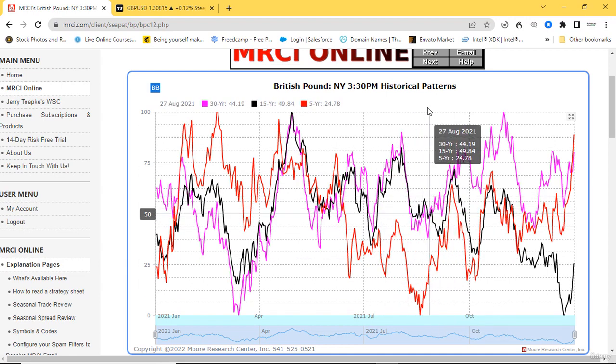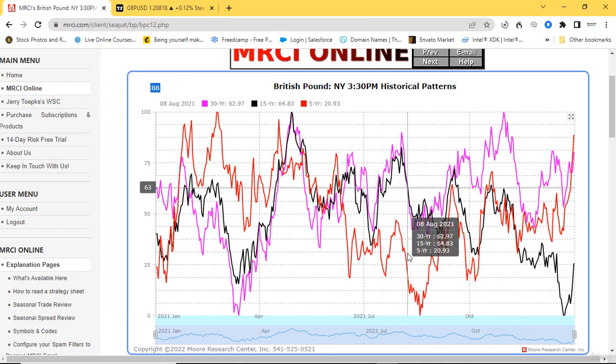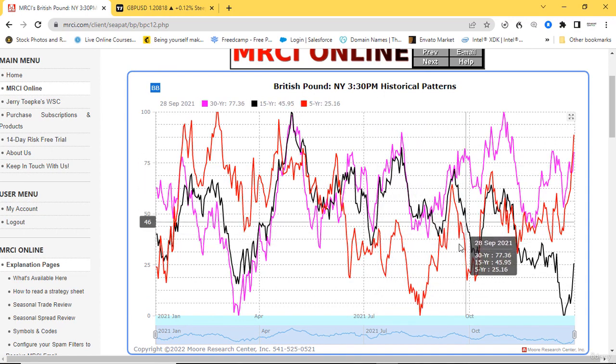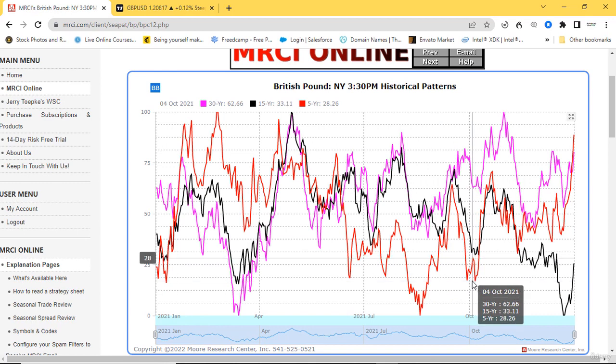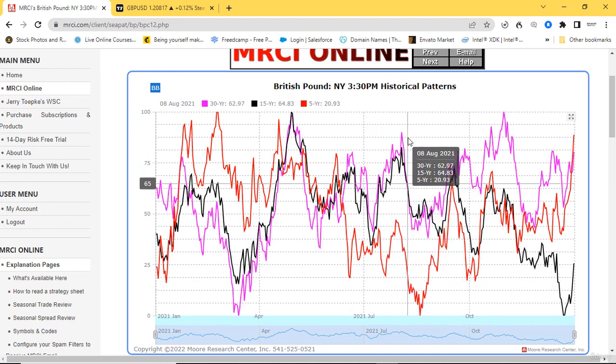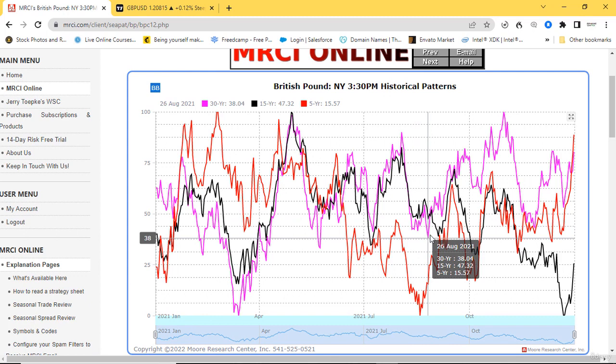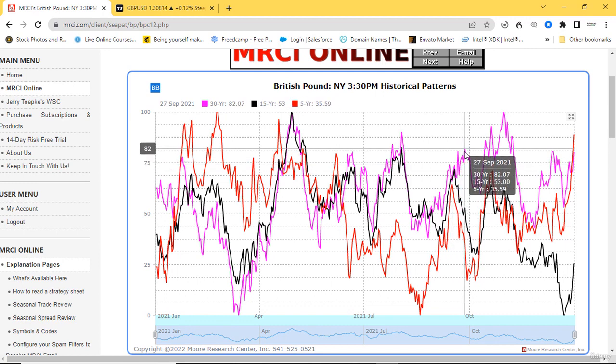You see it way up here, you see it way down here, but between July and October you hit the high roughly in August, towards the end of August, and then September.